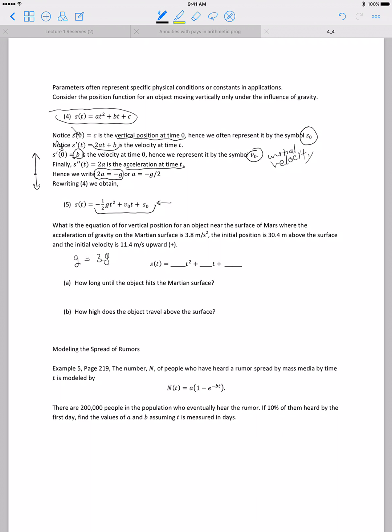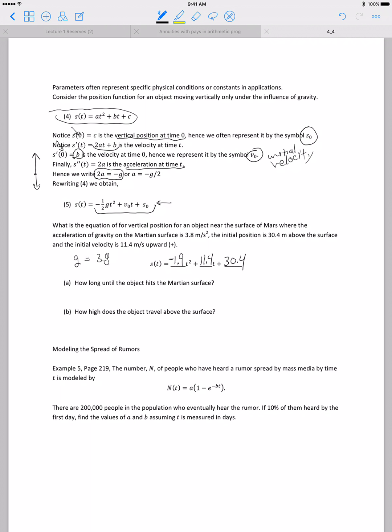So negative g over 2 is negative 1.9 times t squared, and then we put the initial velocity next. That's 11.4 times t, and the initial position is 30.4. So that would be the equation of vertical position for this object near the surface of Mars, under the conditions that we've specified.